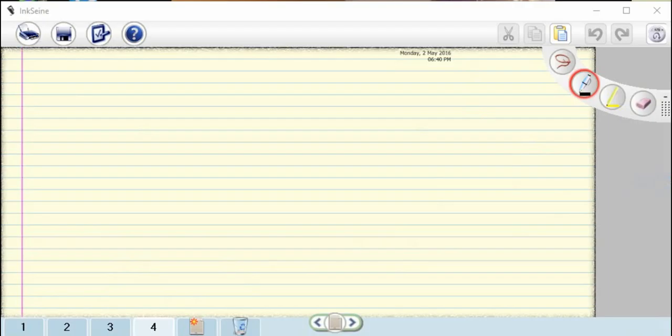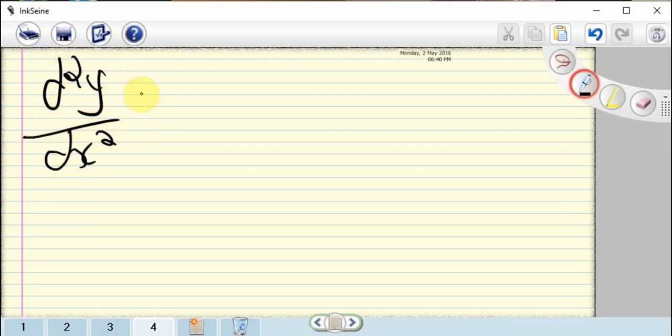So that is, if this d squared y by dx squared is greater than 0, then we have a minimum.